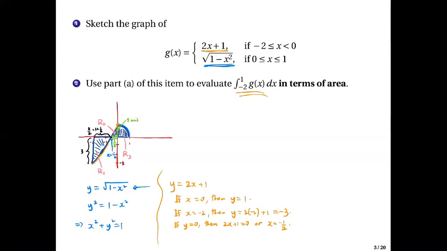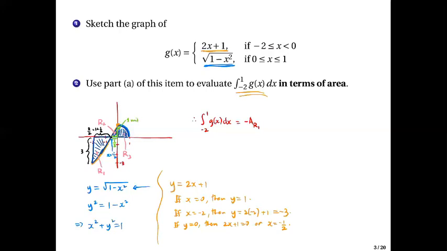Therefore, the integral from negative 2 up to 1 of g of x dx is equal to negative the area of region 1.